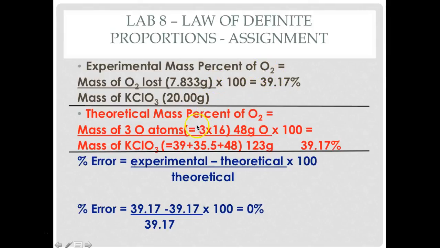If I try to do this by theory, all right, so 3 atoms of oxygen, that comes to 48 grams. If I take the molar mass of KClO3, that's 123 grams. 48 divided by 123 times 100 gives me 39.17%. So my experimental percentage mass for oxygen and my theory percentage mass for oxygen are identical. Okay. So the percentage error, experiment minus the theory divided by theory times 100, okay, and it's 0.